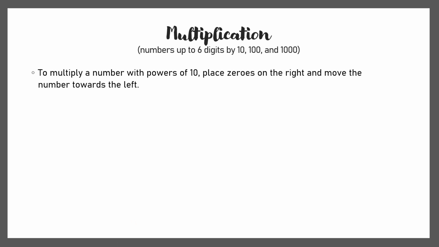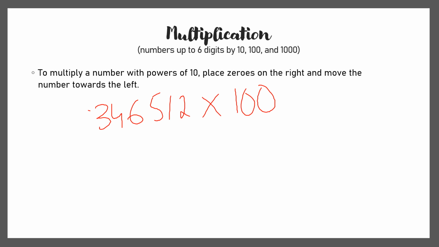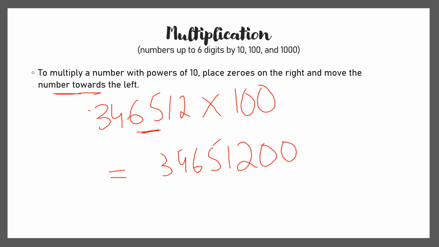For example, I have a number here, 346512, and we have to multiply it with 100. In 100 there are two zeros, so in the answer we will place two zeros on the right side of this number like this. Two zeros come to the right side and the number moves towards the left.